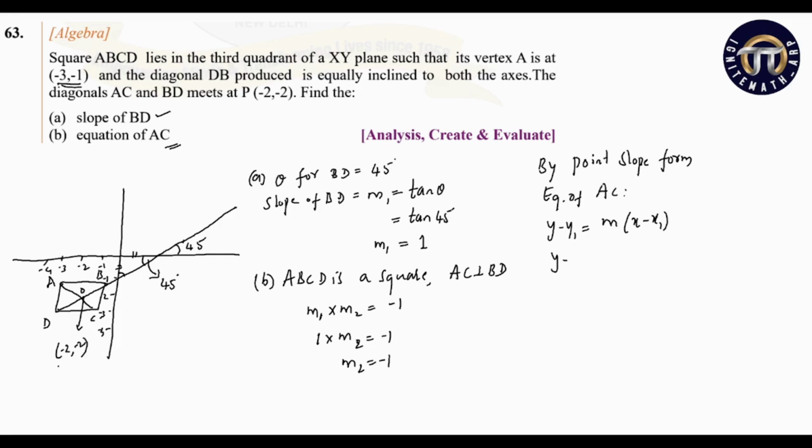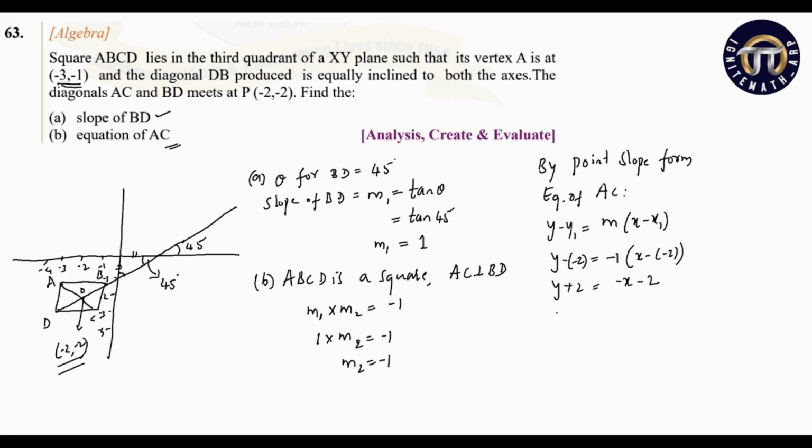So that means this -2 comma -2 lies on AC as well. So I'll consider that point itself. y minus of -2 is equal to m, which is -1, into x minus of -2. So y plus 2 is equal to minus x, then minus 2, because minus x plus 2 into -1 is minus x minus 2.